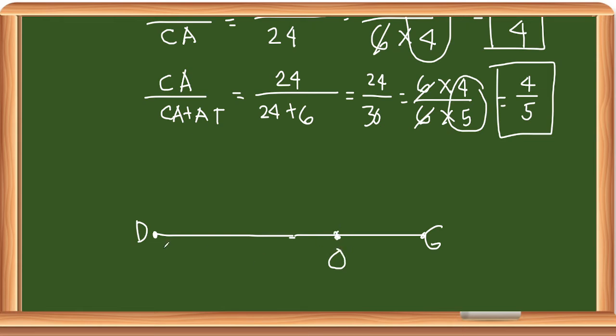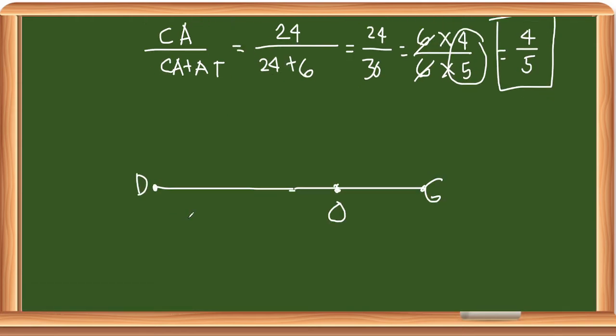So if for example, segment DO is 12, so yan 12, from D to O. And then segment OG, from point O to point G, we have 3.